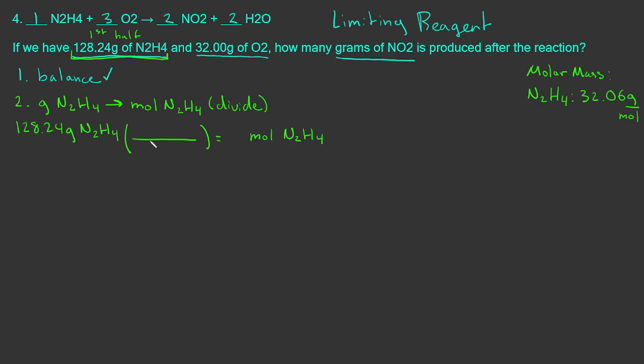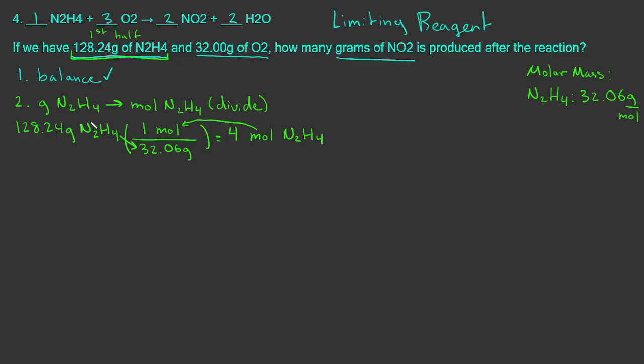And so we divide by the molar mass, so this would be 1 mole over 32.06 grams. An easy way to know is that since we have grams here, that is the unit that we want down here. Since we want moles, that is the unit up top. And so if we do the math, it is going to be 128.24 divided by 32.06, and you should get exactly 4 moles of N2H4.